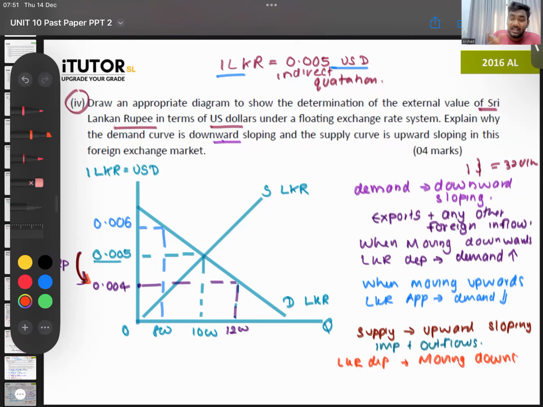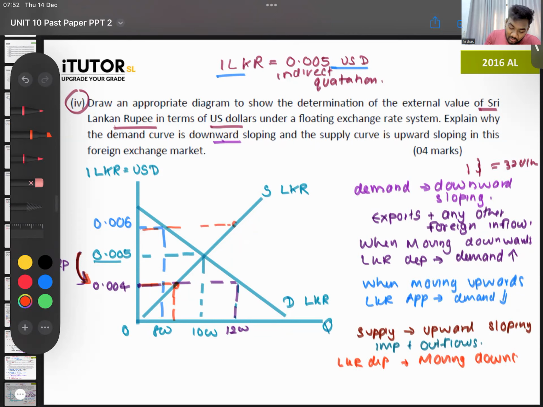So when imports become expensive, you buy less imports. At 0.004, only this much of rupees is supplied, because you are not supplying rupees as it's expensive. On the other end, when the rupee appreciates, let's say it goes to 0.006, now it's cheaper to import.